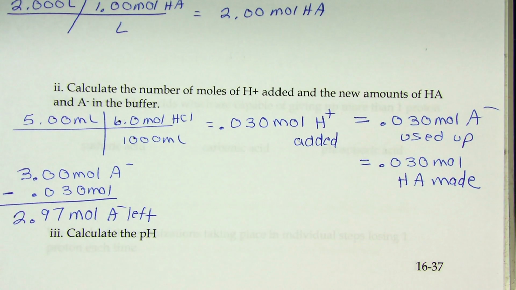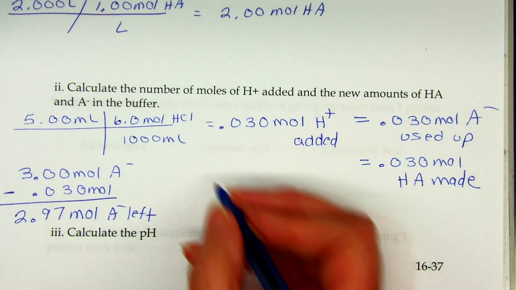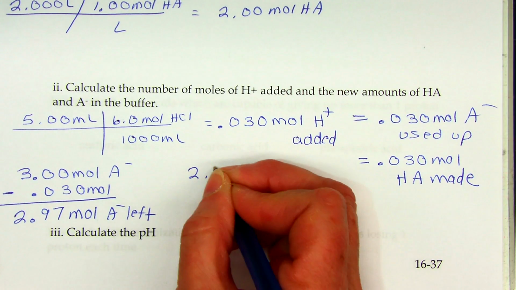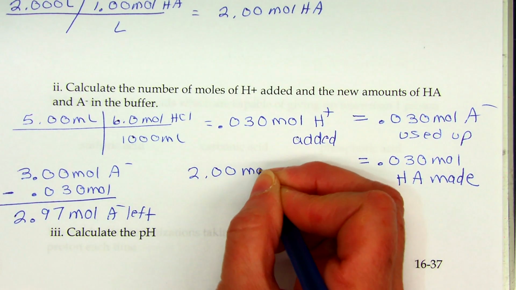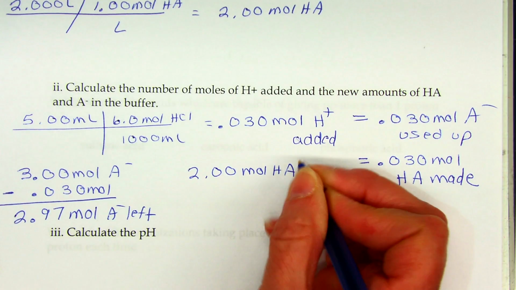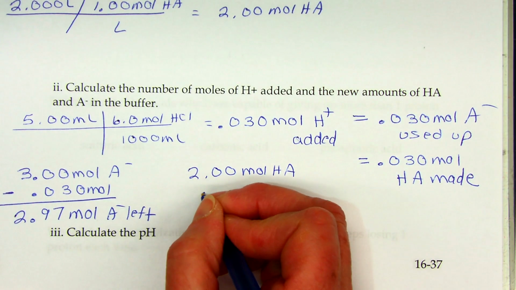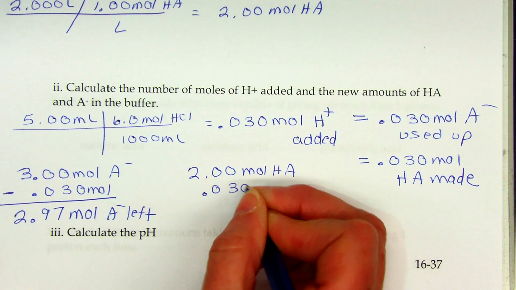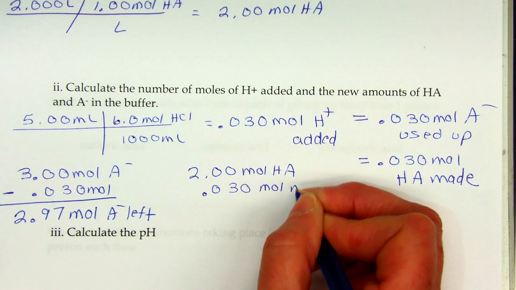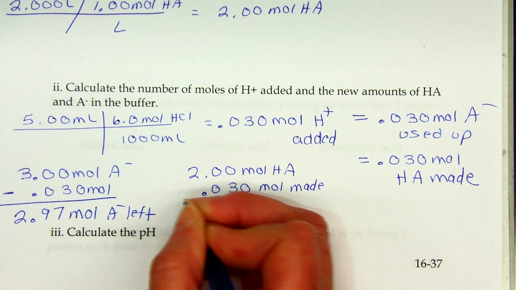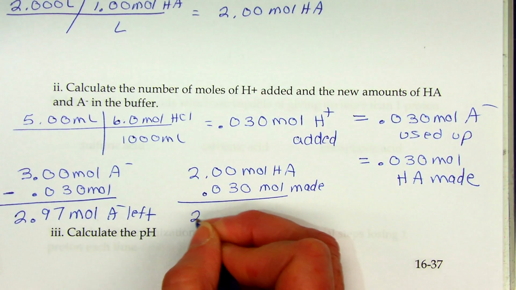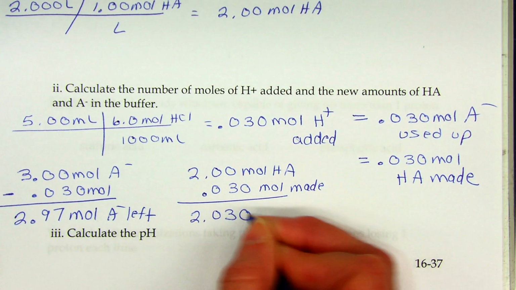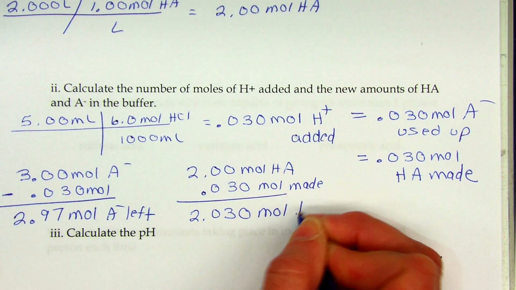Okay, I used up a little bit. What else is in my beaker? I started off with 2 moles of HA. I made some HA. I made 0.030 moles of HA. So now I have 2.030 moles of HA in my beaker.